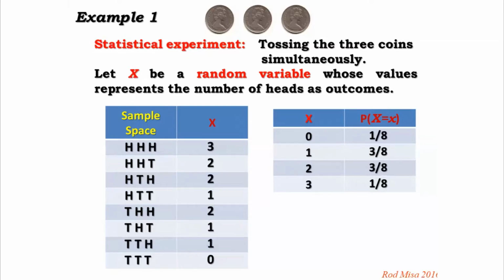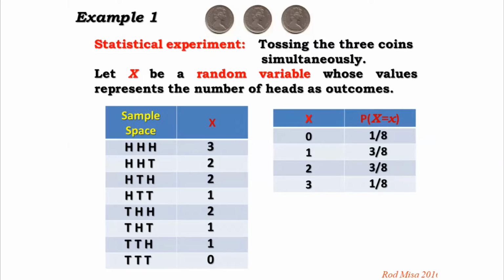So therefore, we say that this table containing 2 columns, where the first column has the values of the random variable and the second column has its corresponding probabilities, represents a probability distribution. So what is a probability distribution? It is a set of all possible values of the random variable and its corresponding probabilities.